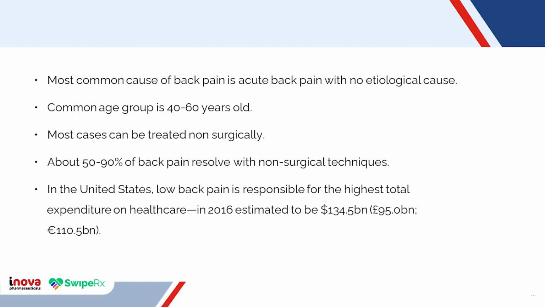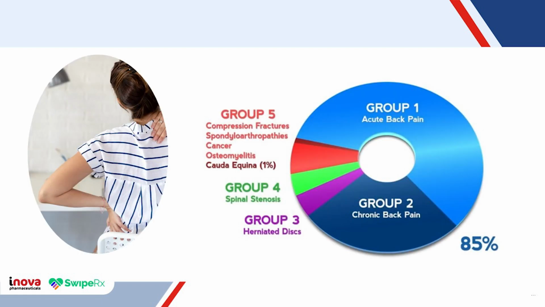This is the most common, and most of the cases are treated non-surgically. In the United States, low back pain was responsible for the highest total expenditure in healthcare. In 2016, it was estimated to cost $134 billion US dollars in total for dealing with this problem. So this is the biggest problem faced, and we need to treat it systematically and individually, and it needs a lot of attention.